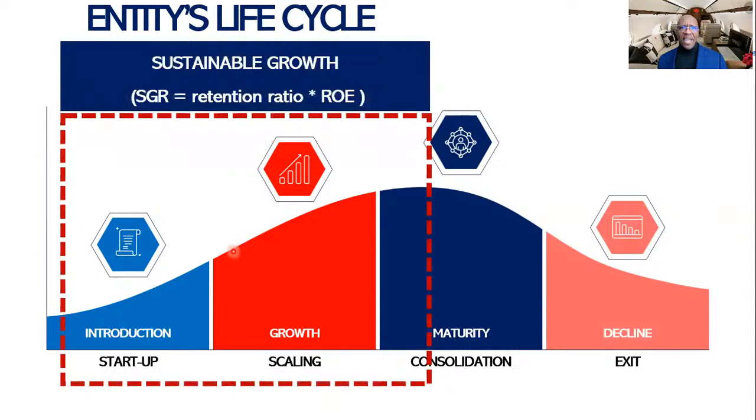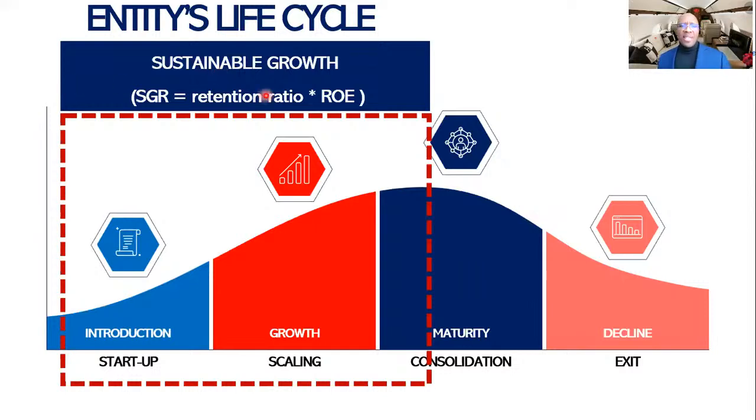And we can say, if you look at growth, it usually happens from startup to scaling and some part of maturity or consolidation before we might start to observe decline, unless, of course, at this point we start a new curve of new growth, but that's not where we are.